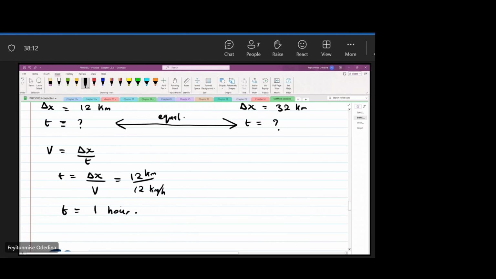So if you're working without units and you just put the numbers and you got 1 and you forgot it was kilometers per hour and then you wrote 1 second, you should stop immediately and ask yourself, can a train travel 12 kilometers in 1 second? That is physically impossible. Even sound can't travel that fast.